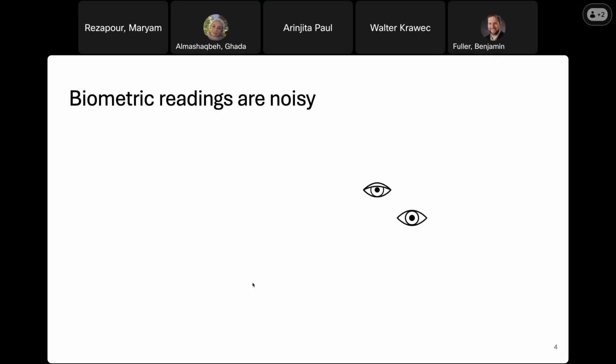As we see here, a further reading of an iris might be different because a part of the eyelid has covered the iris, or the position of the iris is different, or because of the accuracy of the camera or the light of the environment.